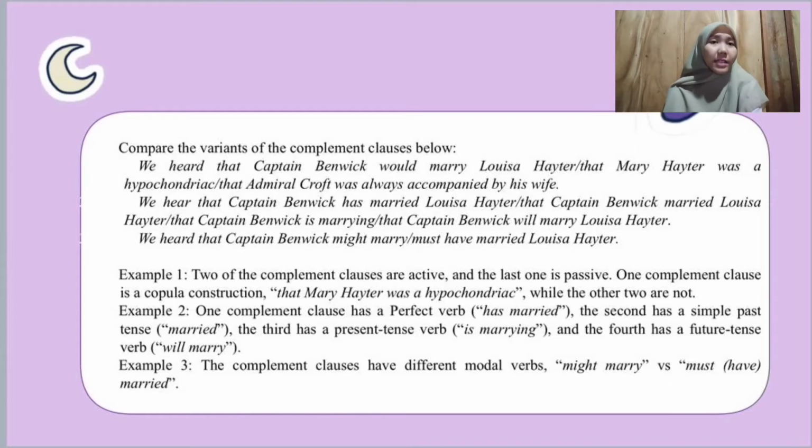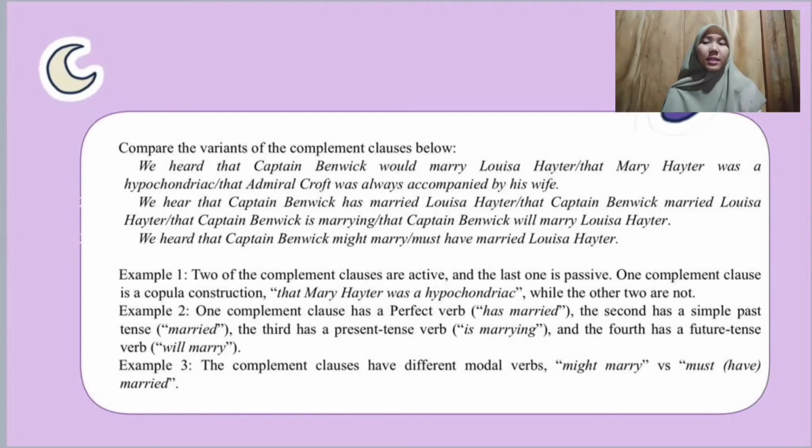There are three examples. The first example is we heard that Captain Benwick would marry Louisa Hayter, that Mary Hayter was a hypochondriac. Two complement clauses are active, and the last, that Admiral Croft was always accompanied by his wife, is a copula construction and passive.